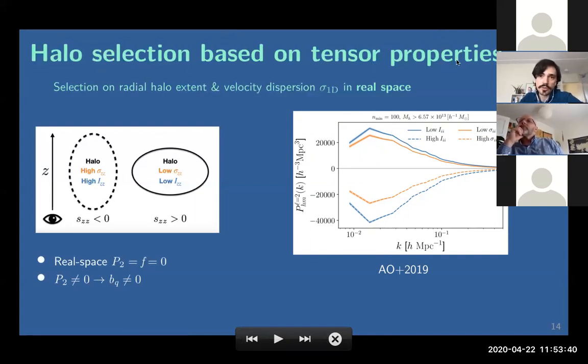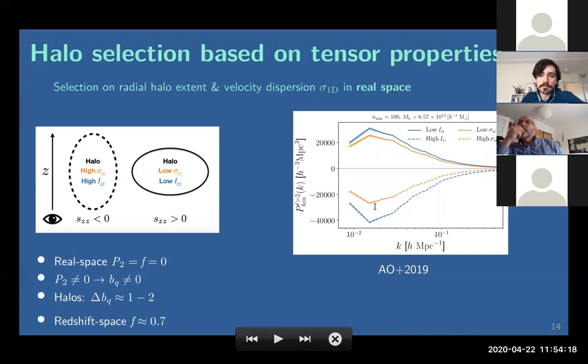Going from top to bottom, these solid lines are the halos with solid lines, and the difference between the orange and the blue is whether we're considering low values of extent or low values of velocity dispersion. In this case you see that the quadrupole is very non-zero, right? And in the opposite case, where you look at the dashed halos, the dashed lines on the bottom, they are symmetrically different from zero, one against each other.